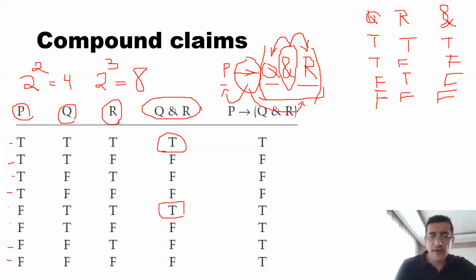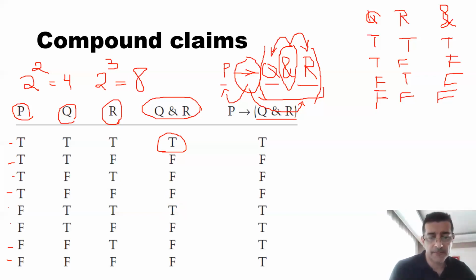Now, we have decided that Q and R can only be true if both of them are true. Is that right? That's right. What about the operator for condition? So pause the video now and think of the operators for condition as we mentioned earlier. Okay, I hope you remember.